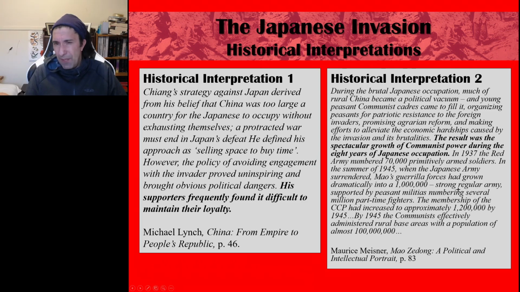Those figures just show you how large and powerful the CCP became as a consequence of the Japanese invasion, as a consequence of the Japanese occupation of China, and as a consequence of Chiang Kai-shek's strategies, both his earlier strategy to focus on the CCP rather than the Japanese occupation in Manchuria, and then his later strategy of trading space for time, which his own troops and his generals found very uninspiring, and not only them, but the Chinese population at large.